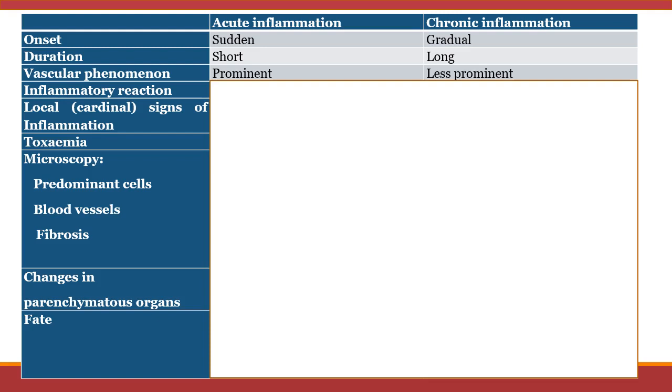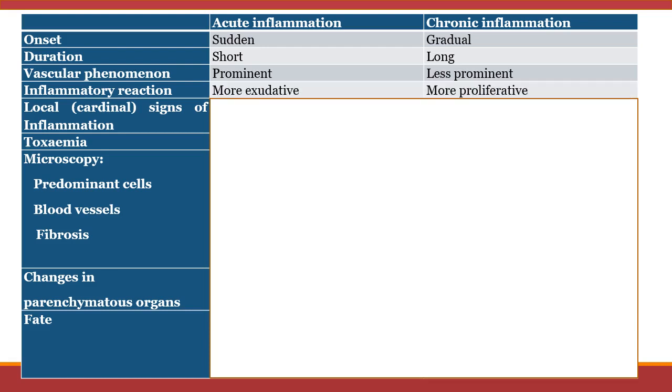It makes sense. So we have exudates, which means inflammatory cells with the fluid, with the proteins. But in chronic inflammation, we mentioned that it is mainly a proliferative disease. It has inflammatory cell proliferation, vascular proliferation, fibroblastic proliferation. Of course, we all know that proliferation means increase in number, right? So this is the idea about the inflammatory reaction or the type of inflammation.